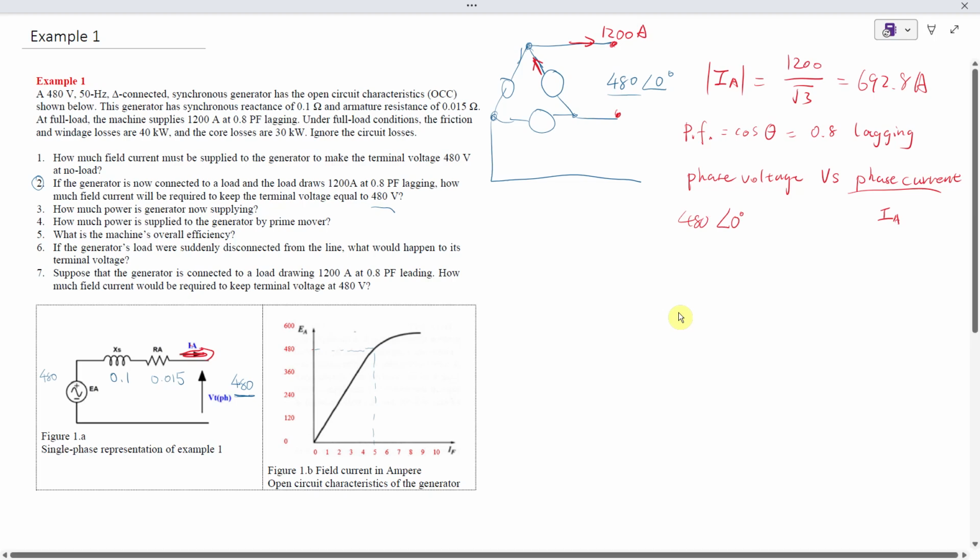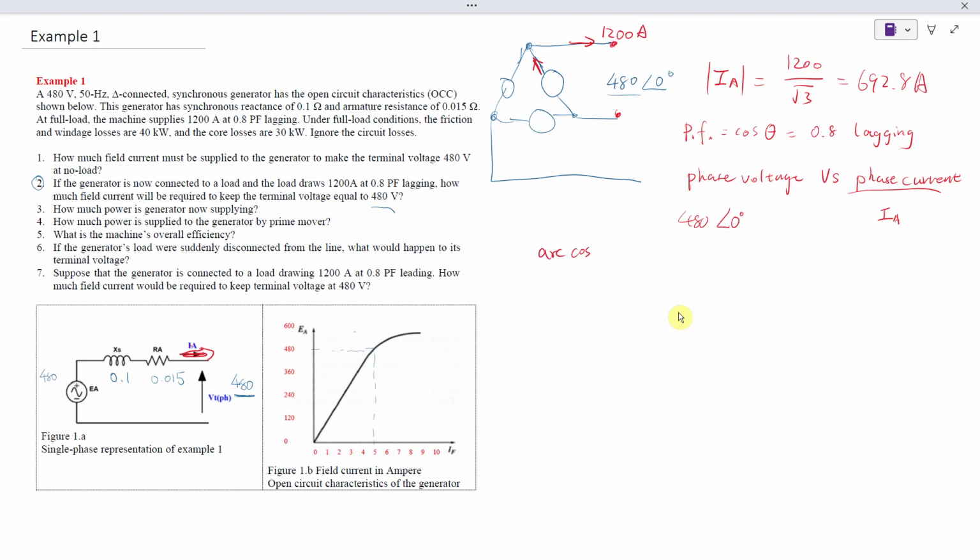580 volts, 0 degree, and the arc cosine of 0.8 gives us some angle, 36.87 because of lagging.